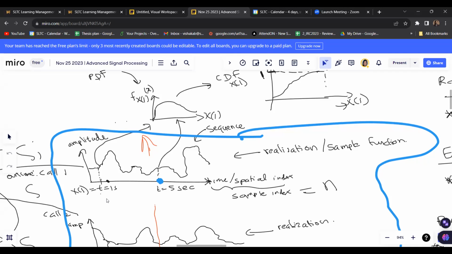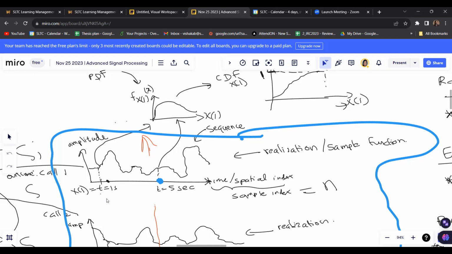And all the statistics that we can mathematically model, we will use to understand the amplitudes of the signal at time equals 1 second. At time equals 1 second, we have certain amplitudes that we get for all the realizations. We are going to analyze them using the statistics such as mean, variance. Then we also discussed autocorrelation and autocovariance. Those statistics will be used to study these amplitudes of this signal at a certain specific time instance, right?